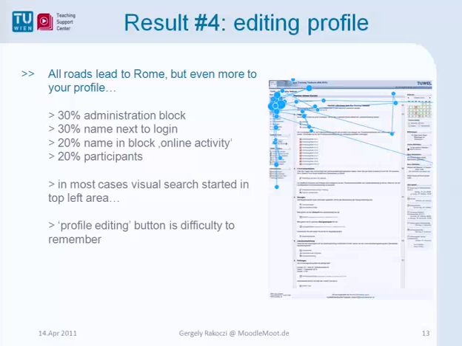It was really interesting because we had 10 users and 30% used the administration block here because there is the direct link. Then 30% clicked on their name, 20% used the online activities block, where they saw their own name, and 20% clicked on participants, searched for their account, and then clicked on profile editing.